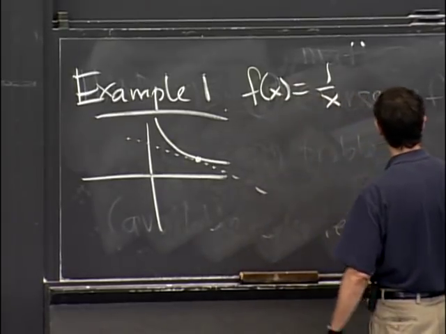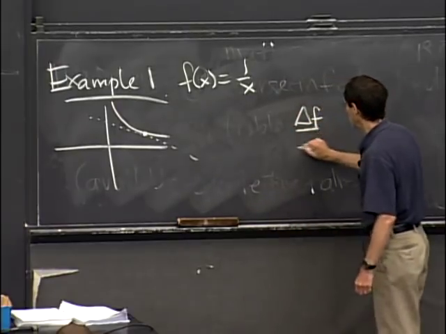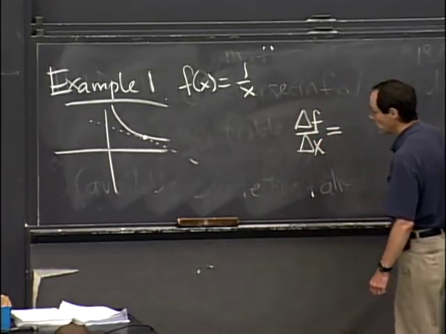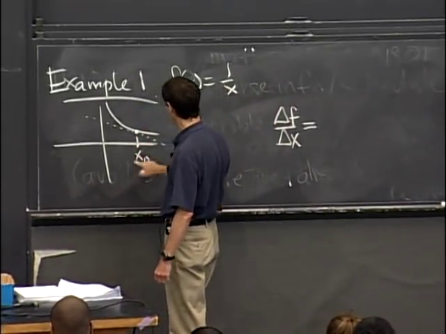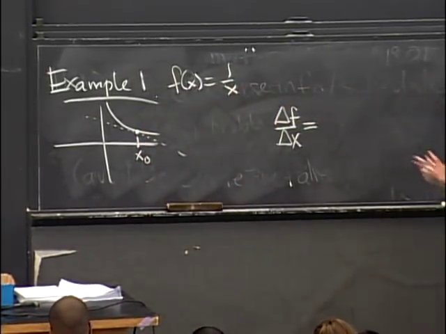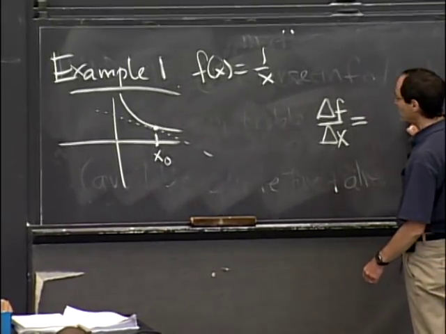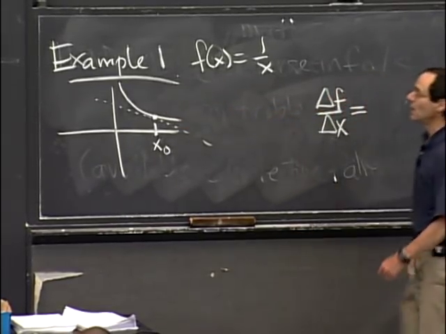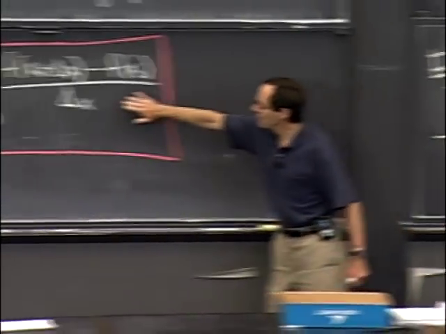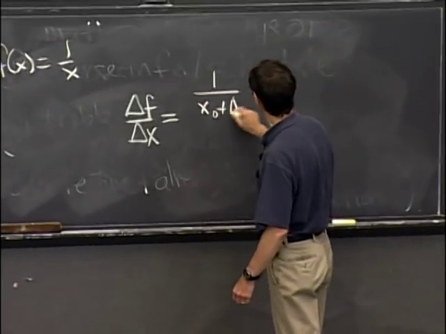So first, we consider this difference, delta f over delta x, and write out its formula. I'm going to make it above this point x0, which is a general point. We'll make the general calculation. So the value of f at the top, when we move to the right by delta x, I just read off from the formula. The first thing I get here is 1 over x0 plus delta x.